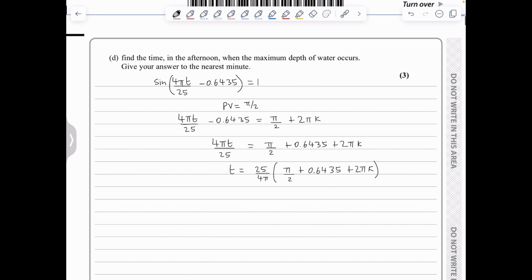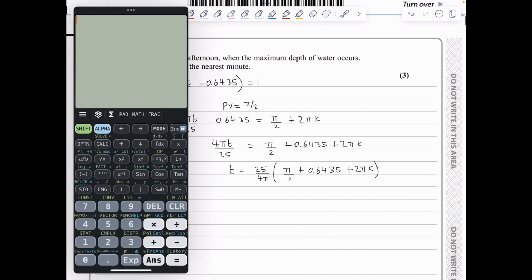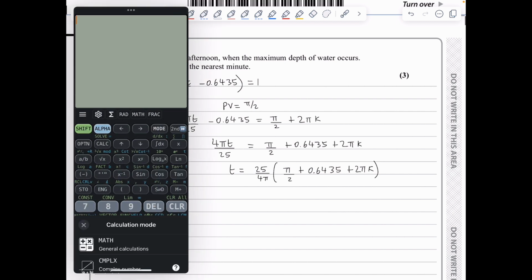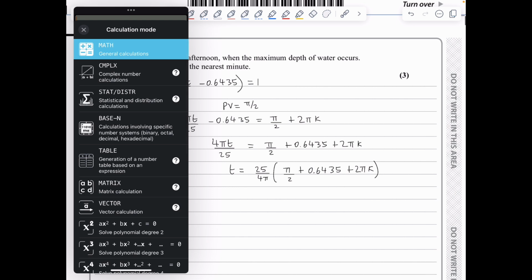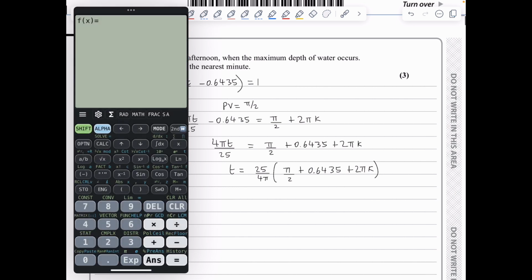Remember, we are trying to find the first time in the afternoon, so I could actually use my calculator to generate all solutions and then just pick out the one that is in the afternoon. So I go on my calculator, I press mode, I choose table, and my f of x will be exactly what we have here for t.